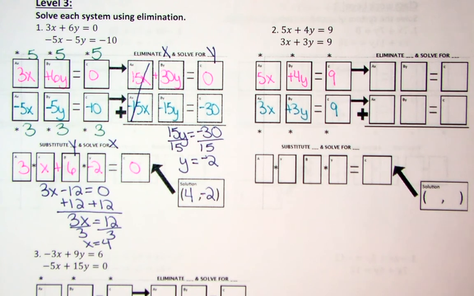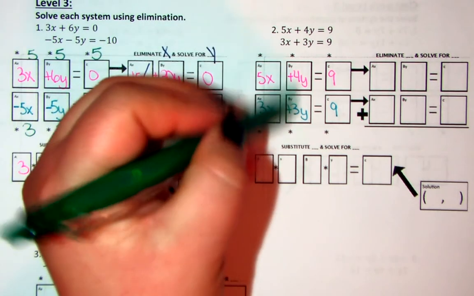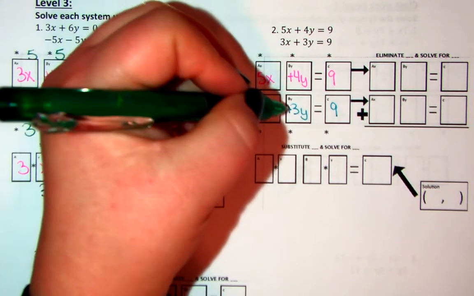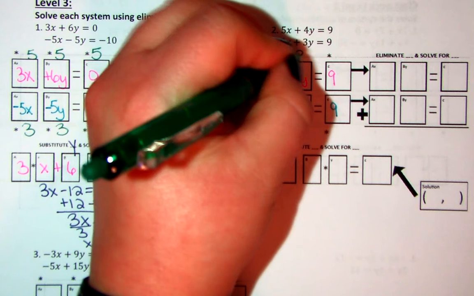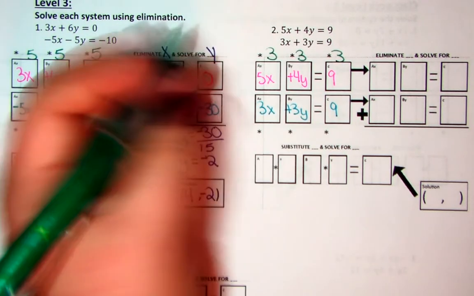In this case, I'm going to choose to eliminate my y's because I don't have a variable that's any easier than the other. And like I said, I typically go with the one that has the smaller coefficients. So I would need to multiply everything in the pink equation by 3, and everything in the blue equation would be multiplied by 4.